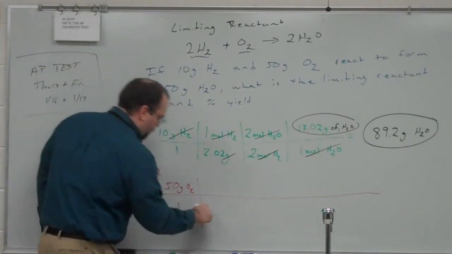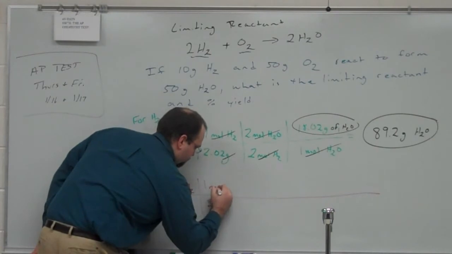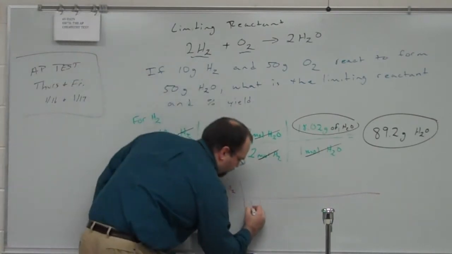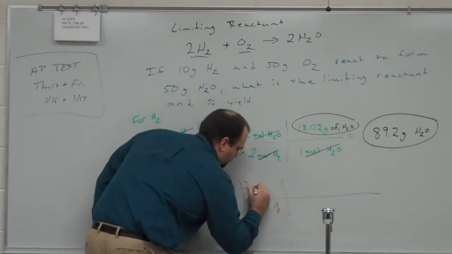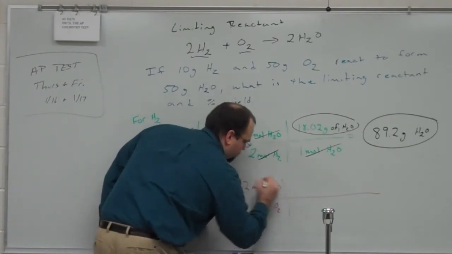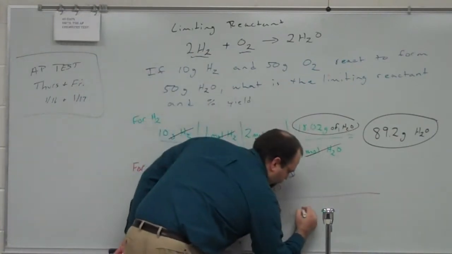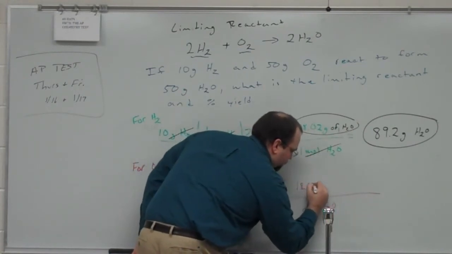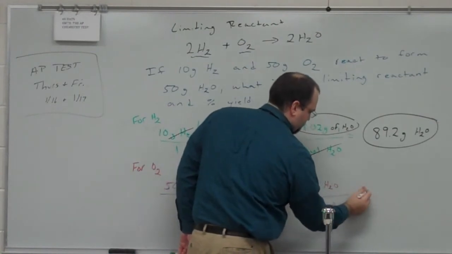Okay. I know my molar mass is 32 grams in 1 mole of O2. I know that for 1 mole of O2, I get 2 moles of H2O. And then lastly, I know that 1 mole of H2O is 18.02 grams of H2O.